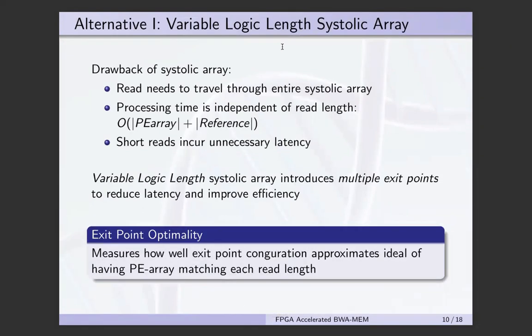Therefore, the variable logic length systolic array allows us to have multiple exit points at intermediate positions within the systolic array between a number of different processing elements, which allows us to reduce the latency significantly and allow the read, once it is fully processed, to exit the systolic array in an intermediate position. The actual location for having those exit points defines how optimal our systolic array is designed for our specific set of reads.